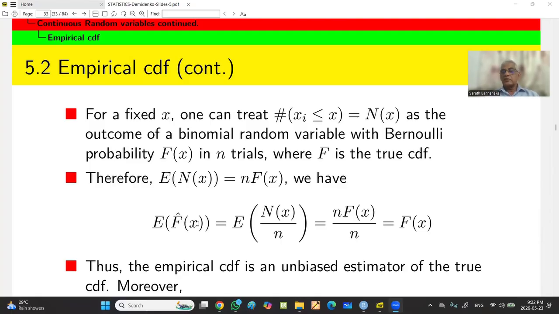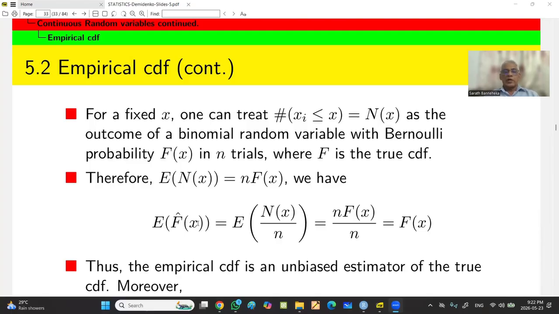When considered as the estimator, F hat x is a random variable, so it has some probability distribution. Any random variable has a probability distribution. So it is meaningful to talk about the expected value of that random variable, the variance, other moments, the distribution, and so on.